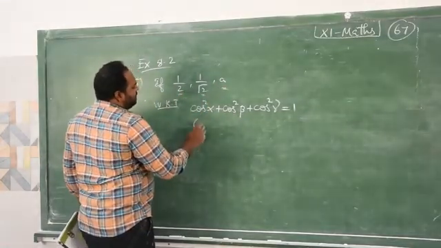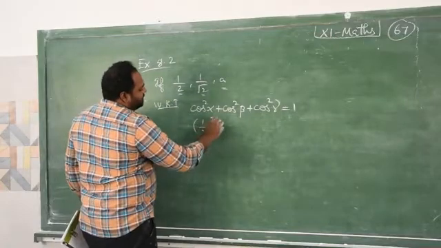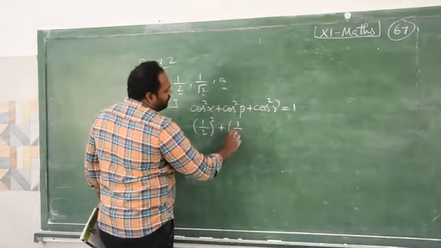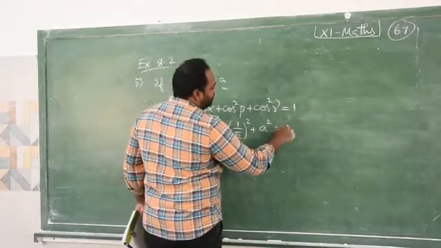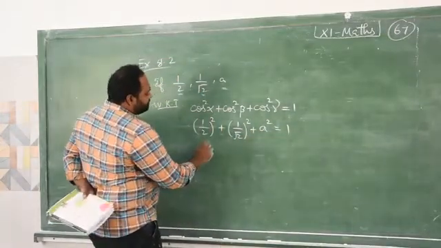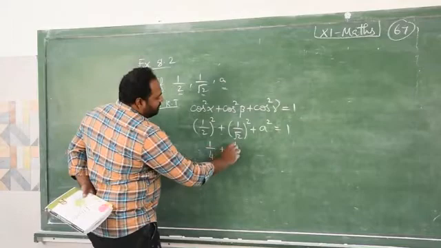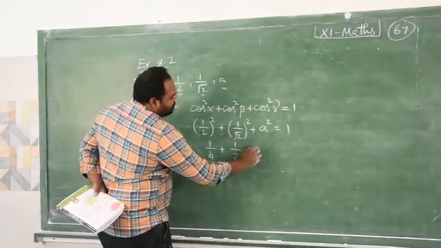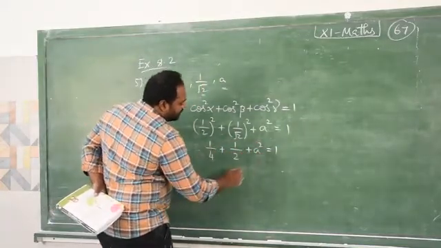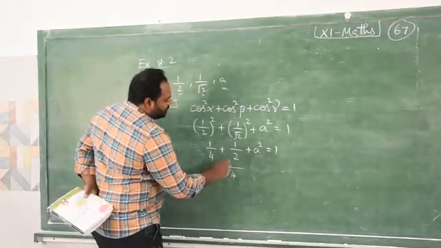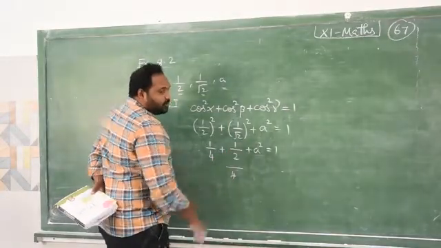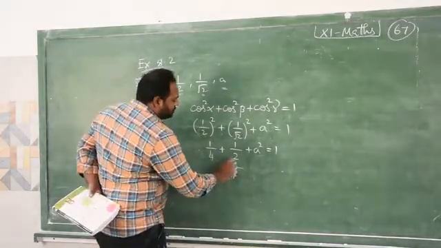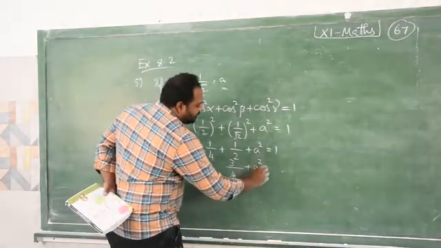Squaring, (1 by 2) whole square plus (1 by root 2) whole square plus a square equals 1. This is 1 by 4 plus 1 by 2 plus a square equals 1. The common denominator is 4: 1 plus 2 is 3, so 3 by 4 plus a square equals 1.